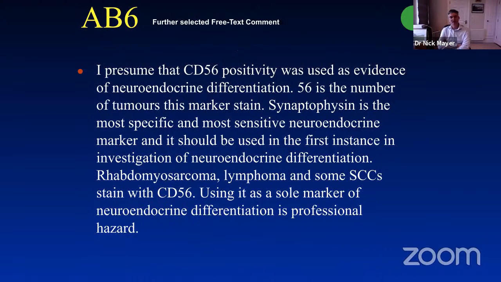And then another helpful comment by someone that I'll let you read through, but basically making the point that CD56 is not a specific marker of neuroendocrine differentiation, and it's a bit perilous to use this as your sole marker for neuroendocrine differentiation, particularly because it can be positive in some things that would be potentially in the differential. So that's a point well made.